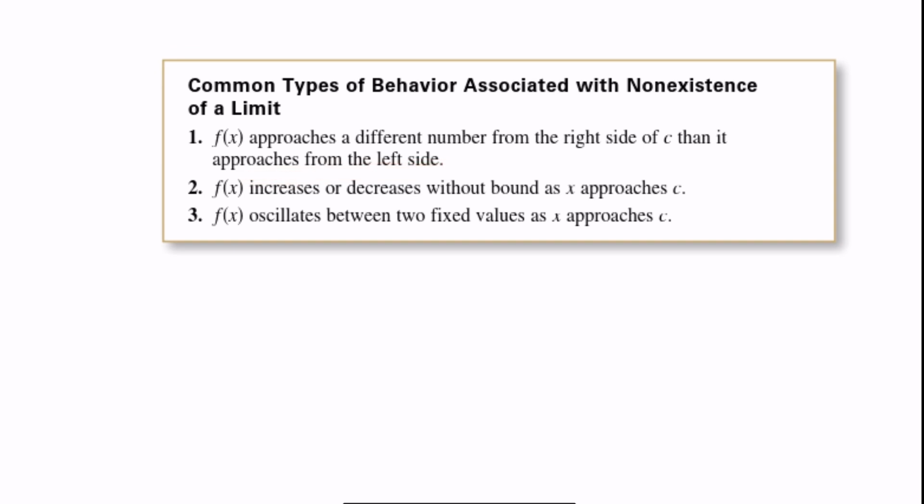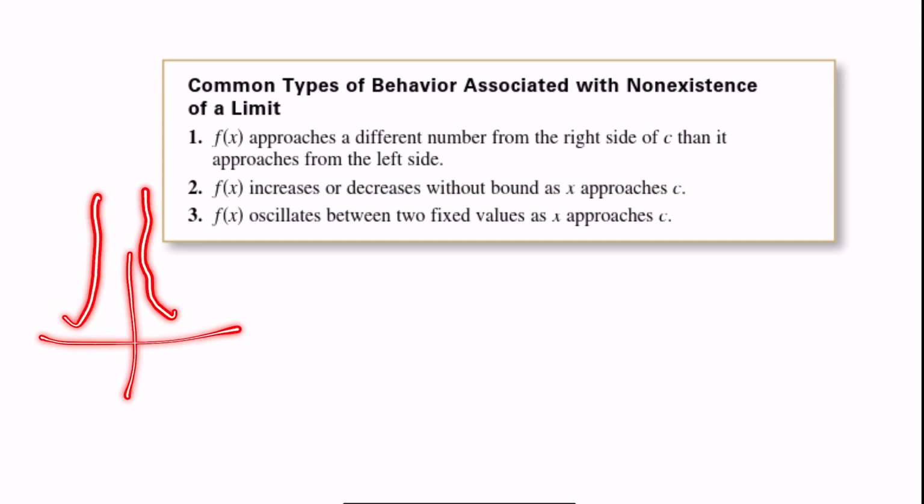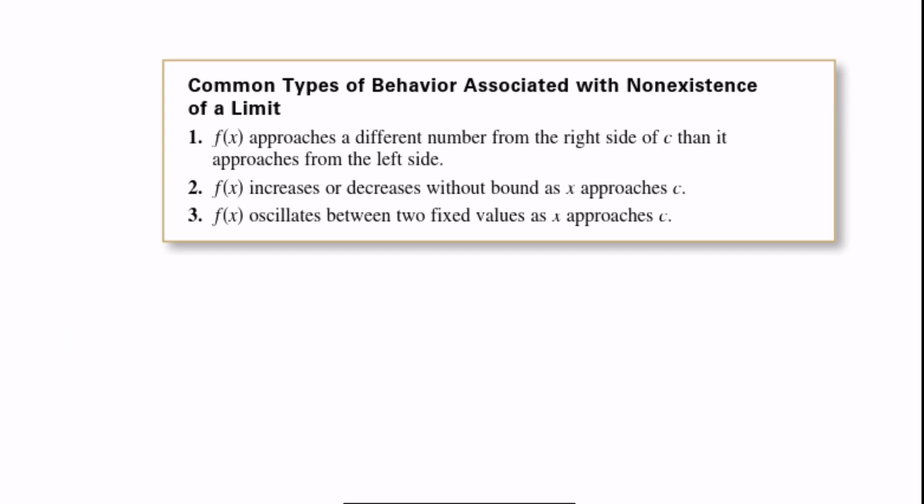Then the second type is f of x increases or decreases without bound as x approaches c. So it keeps increasing without bound as x approaches c, or it keeps decreasing without bound as x approaches c. Even though the two values are heading in the same direction, we don't know where they are going. So because of that, we say that the limit does not exist.